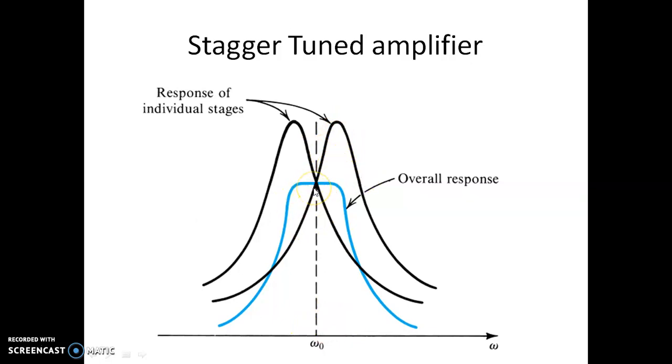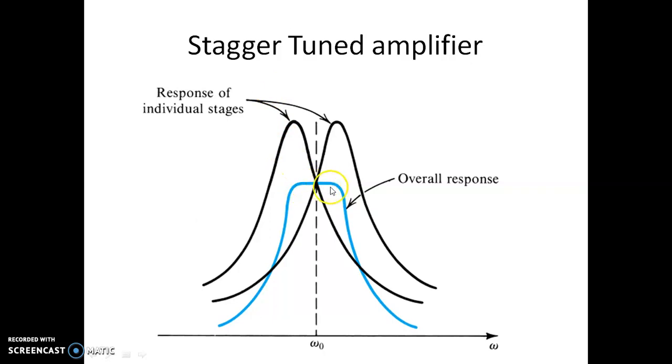In some cases, we may want to have a larger bandwidth. In such a case, we can go for this type of amplifier, which is called a staggered tuned amplifier. You have a set of frequencies over which you want to have maximum bandwidth, so that can be tuned using the input and output stages. Now we can see the bandwidth of the resultant multi-stage tuned amplifier will be slightly larger.